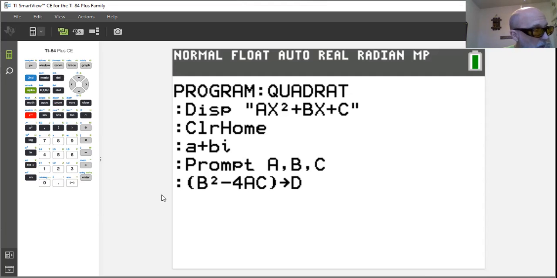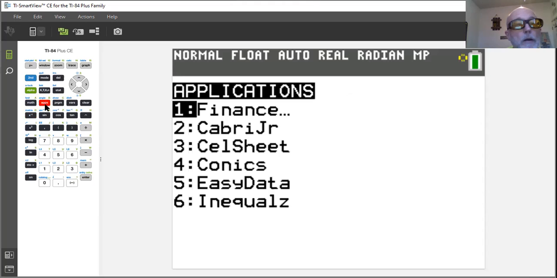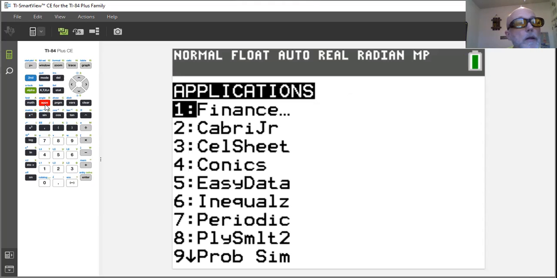All right, next, what do we need? We need to tell it to do the quadratic formula. So here we go. We are going to say enter. And then we're going to say negative b. And then I hit the wrong thing.